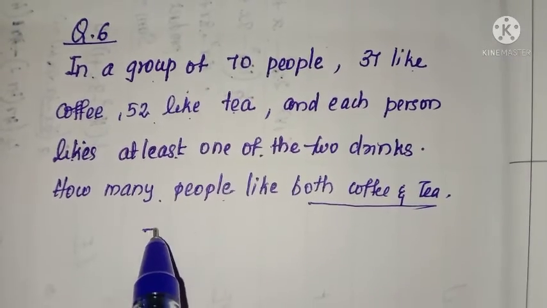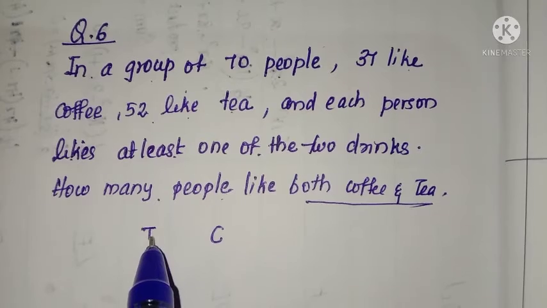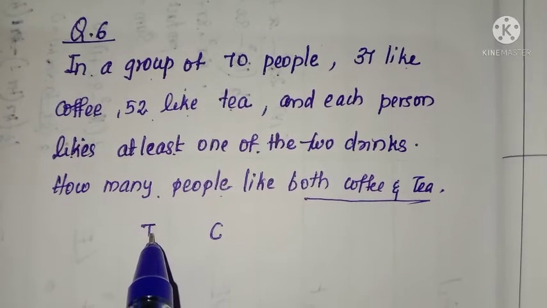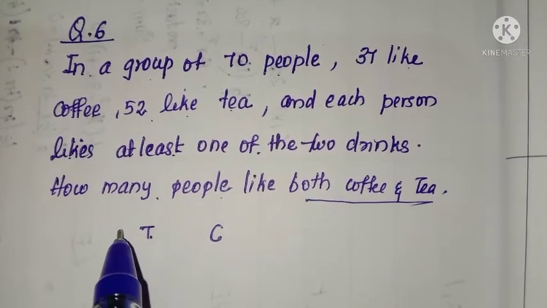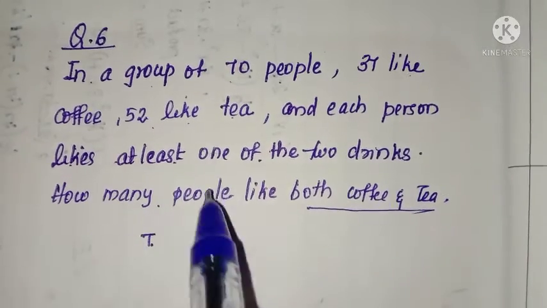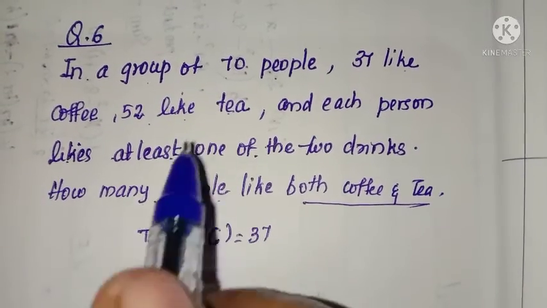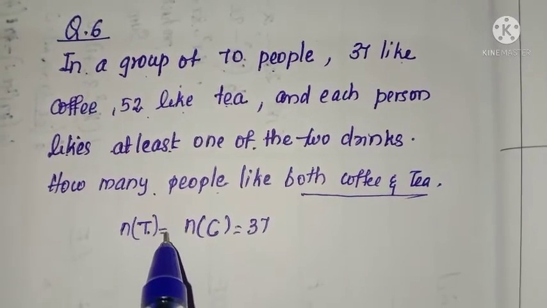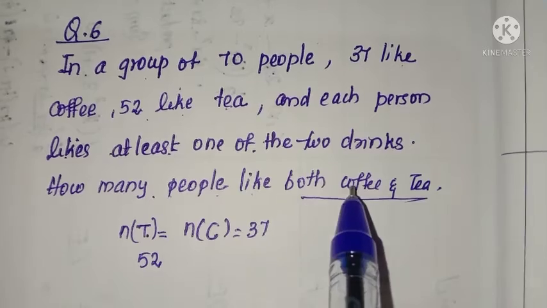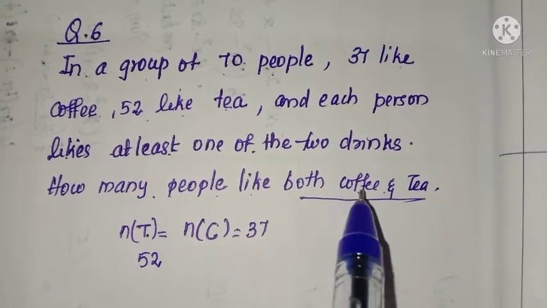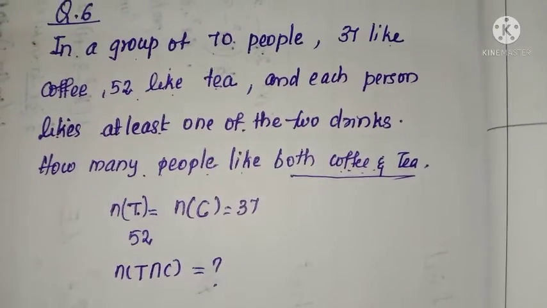Introduce two sets, T and C. T denotes the set of all people who like tea, C denotes the set of all people who like coffee. 37 like coffee means n of C is 37. 52 like tea, n of T is 52. Our question is how many people like both coffee and tea. Both means and, that is n of T intersection C, which we need to find.